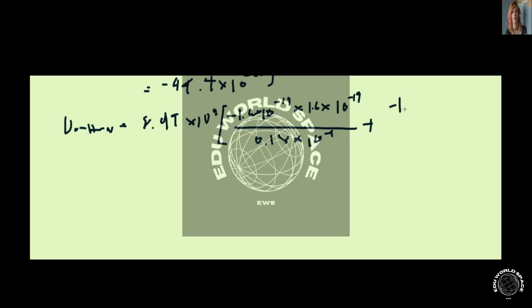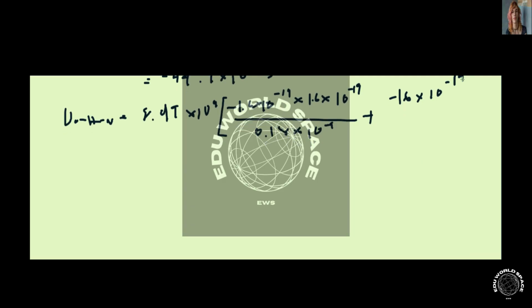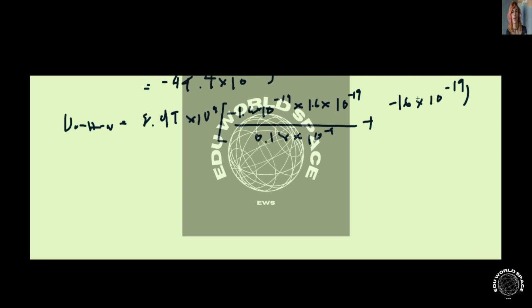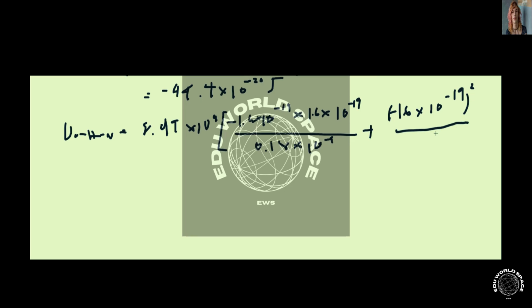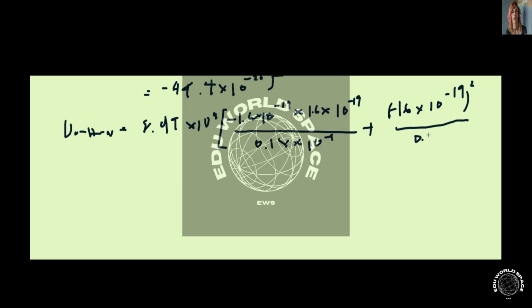negative 1.6, and once again we can just square this since the two charges are the same and are being multiplied together, so we save time by squaring it. And now the radius, for the NHHN bond, is 0.29 times 10 to the power of negative 9.